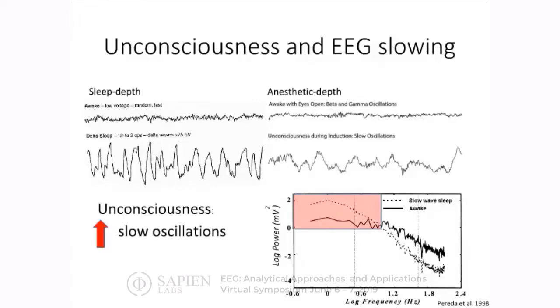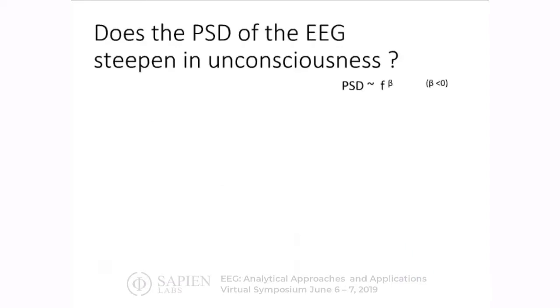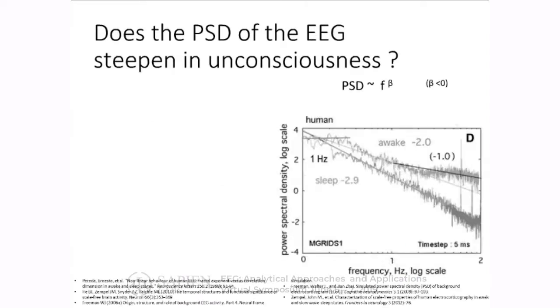When we look at the PSD, we see an increase in slow oscillations and a decrease in fast oscillations. But this can be represented by a simple parameter, which is the steepness of the PSD in log-log scale. So, does the power spectral density of the EEG steepen in unconsciousness?